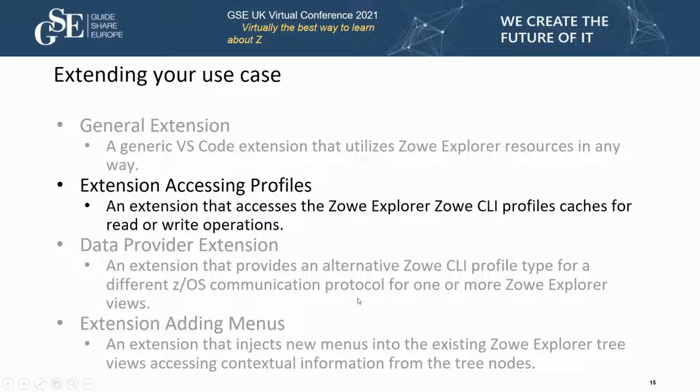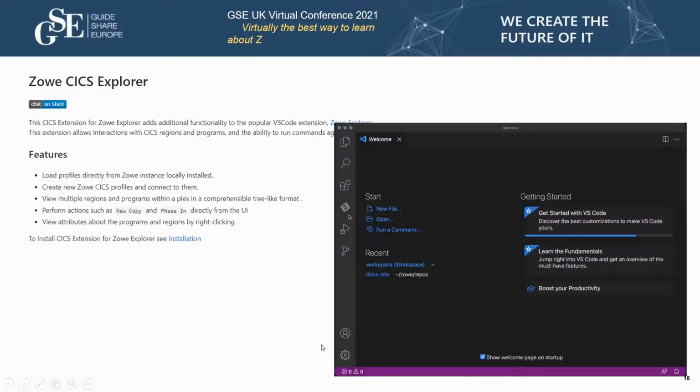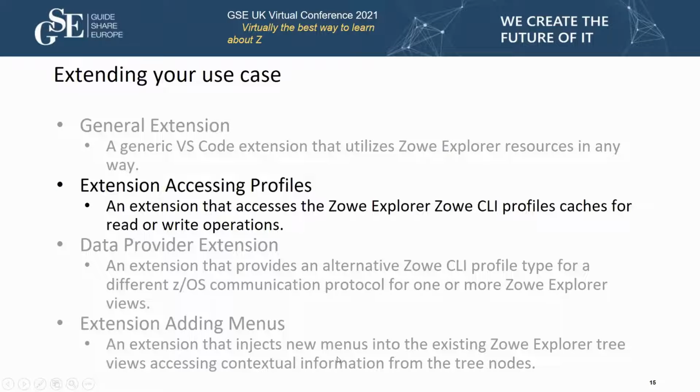If you have your own extension, or your own profile type, which is not the default ZOSMF, for example, you can also extend Zoe Explorer to access that same profiles cache. You don't have to re-implement anything, but you can use the same functions and access your own functionalities with those profiles. If you need a secure connection, for example, there are specific APIs for accessing the secure credential store. So everything is secured by default.